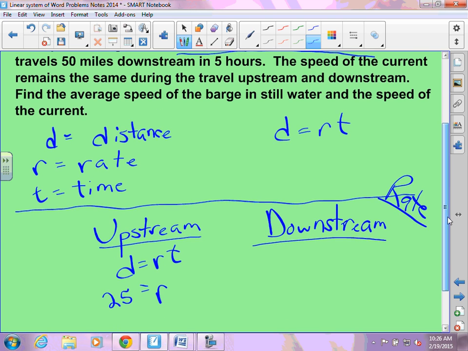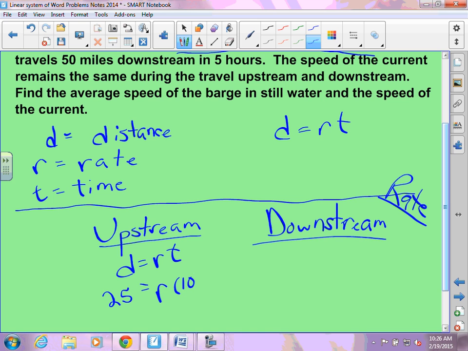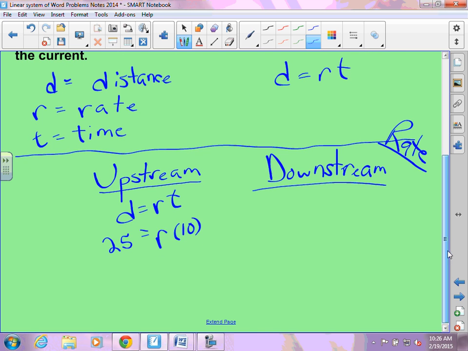Okay? So how am I going to find my rate? What do I do here? I'm going to divide by 10, right? Because there's multiplication between the R and 10. So then the rate ends up giving me 2.5. And what would be my label? Miles per hour. Very good.